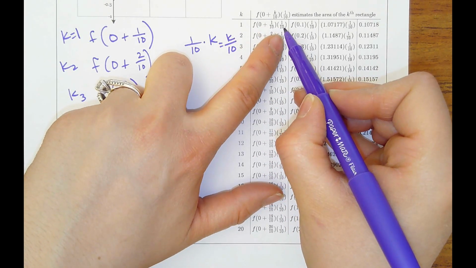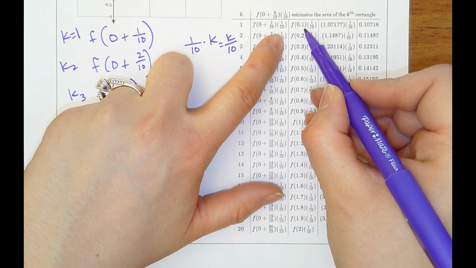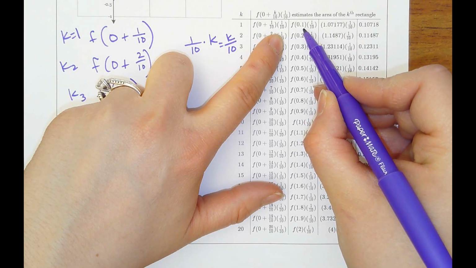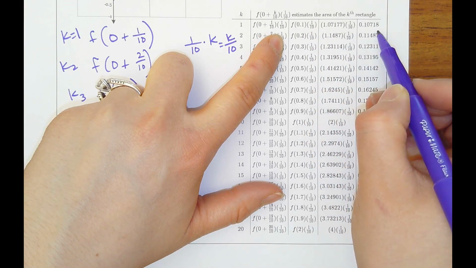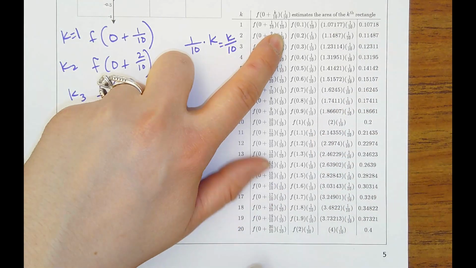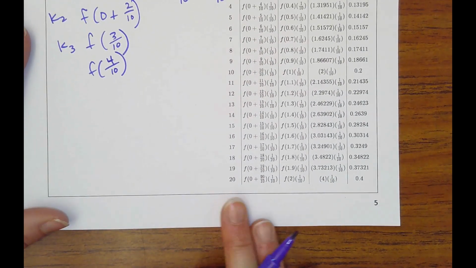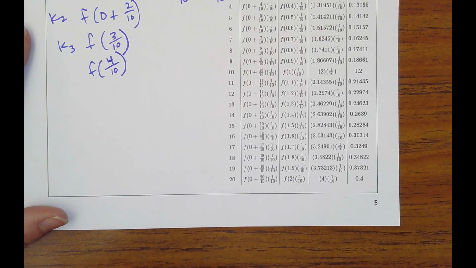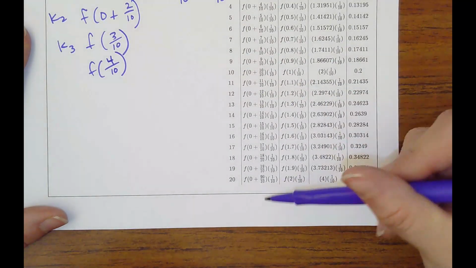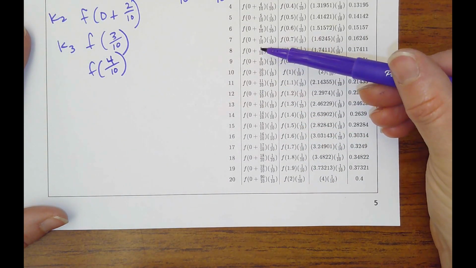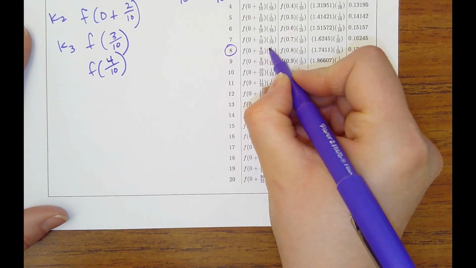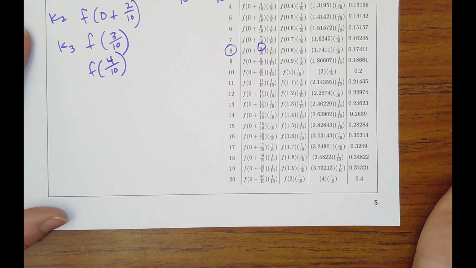So height times width, and then they're estimating what it is. They didn't give me a summation, maybe I cut that off. But that helps me see that k is changing every time, and this k will match that. So it helps me find the pattern.